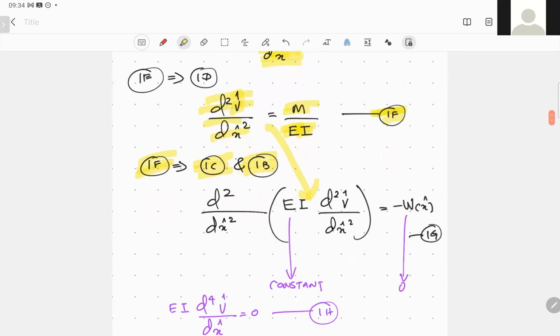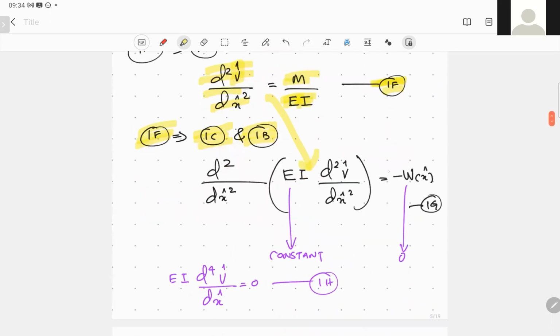What you end up getting is a differential equation, given by equation 1g. I have done nothing new. I have simply used equations 1c and 1b and substituted the bending moment.